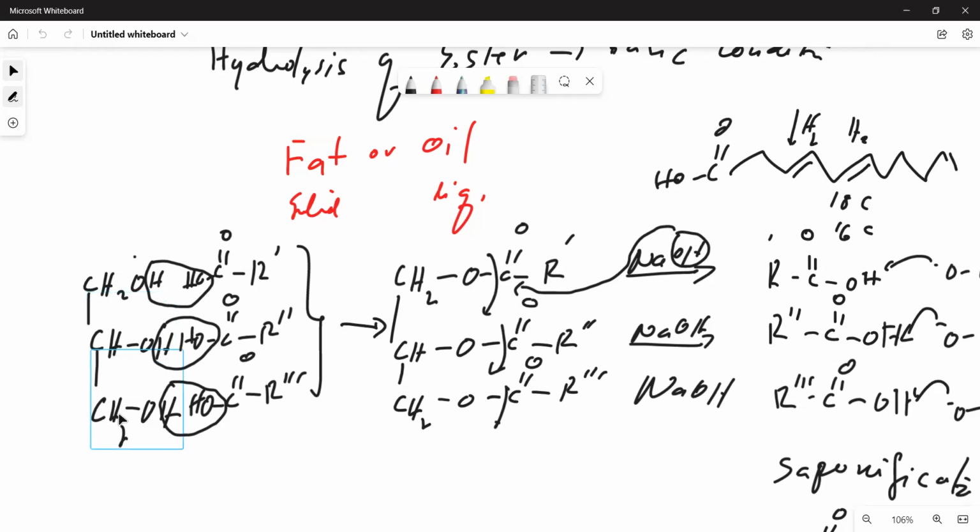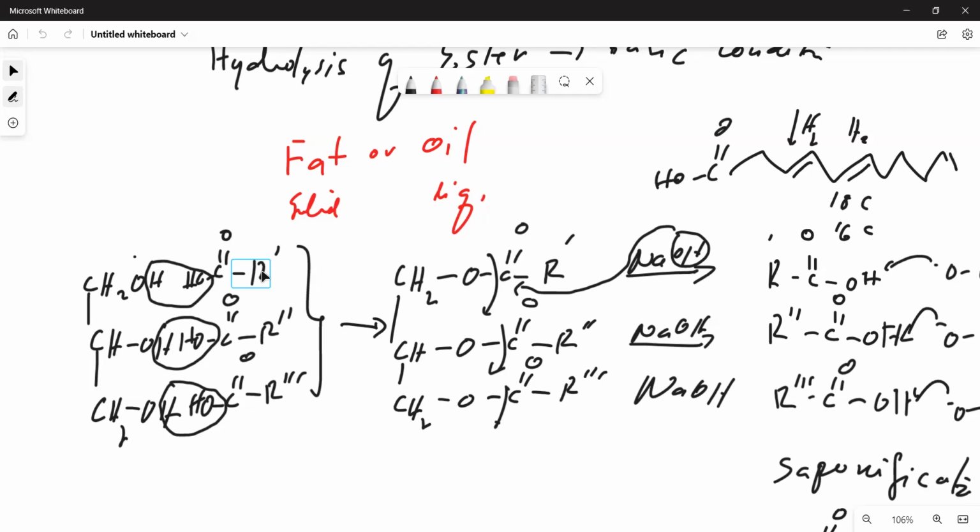reacting is glycerol. A glycerol is an alcohol with 3 OH groups. So therefore, it will require 3 carboxylic acids, okay? And that's why I indicate this with R prime, double prime, triple prime, no? Indicating that you have 3 types of carboxylic acid.